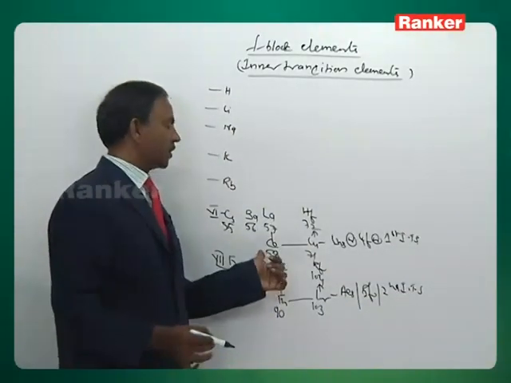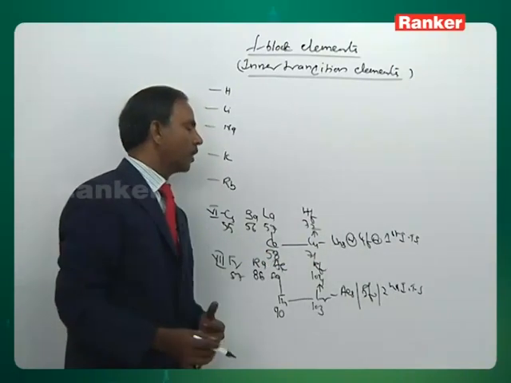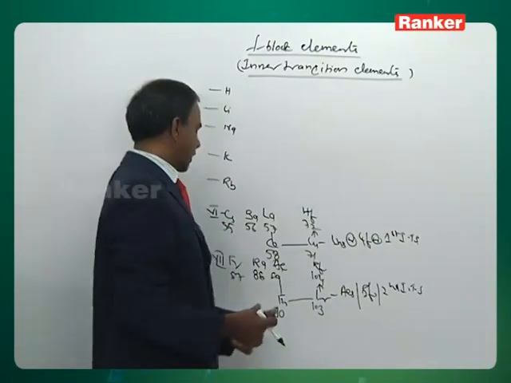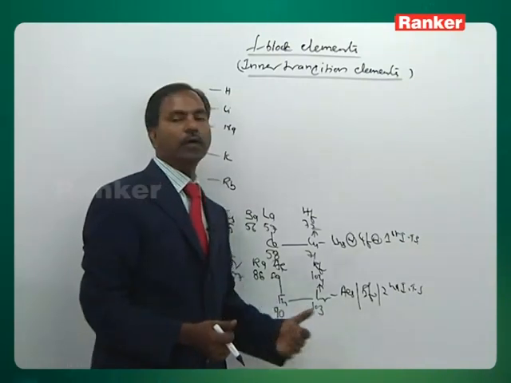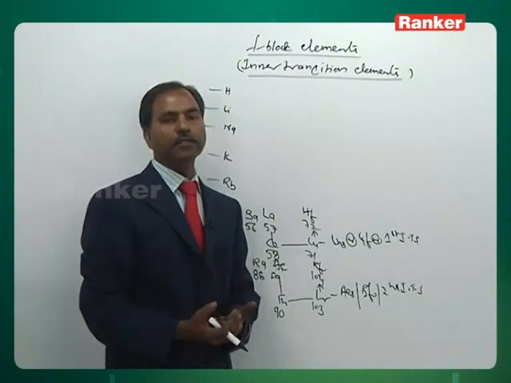Like this, the first series is cerium 58 to lutetium 71: lanthanides, 4f series, first inner transition series. The second series, thorium 90 to lawrencium 103: actinides, 5f series, second inner transition series.